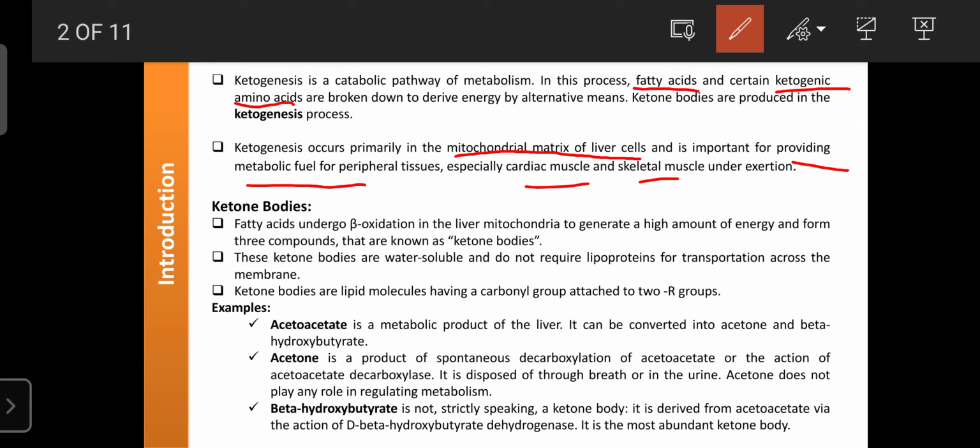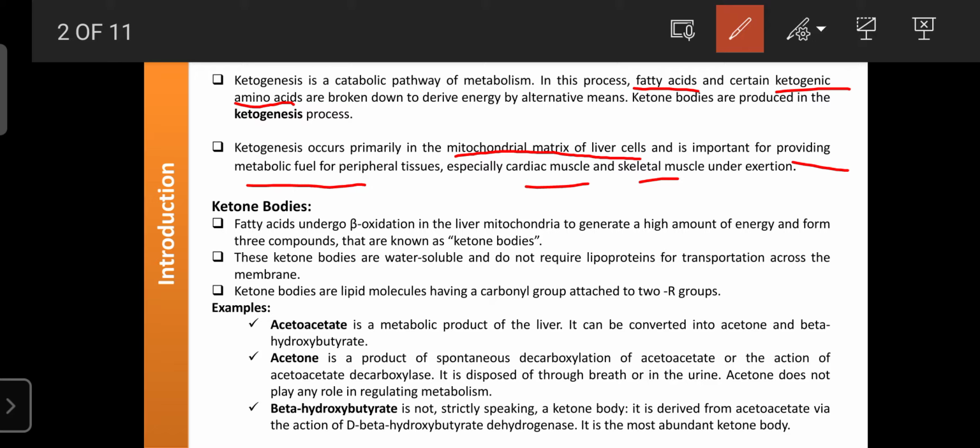Also during sleep, ketone bodies or ketogenesis can provide energy to your body. Even in certain metabolic disorders where gluconeogenesis does not occur.